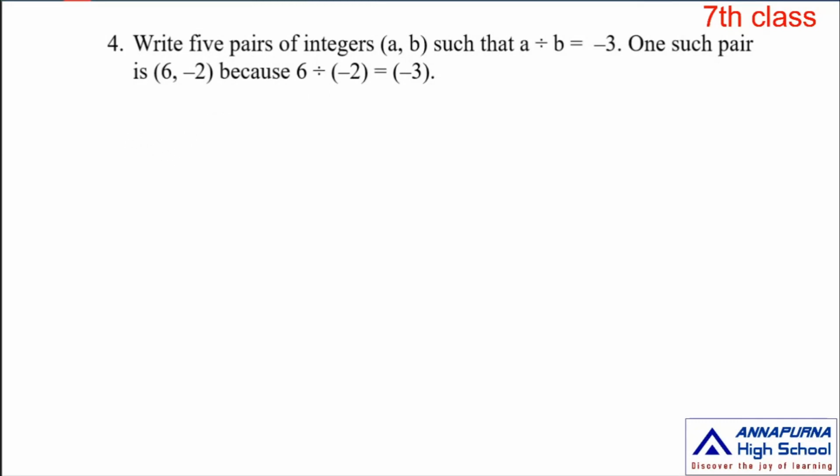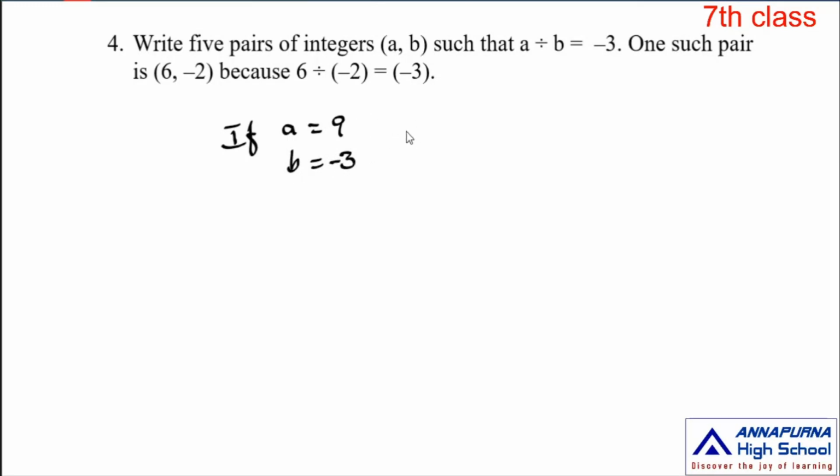As we know that, suppose if you take a is equal to, say one number, 9. Suppose if you divide this 9 by 3, how much you will get? 3 only. That means b means minus 3.